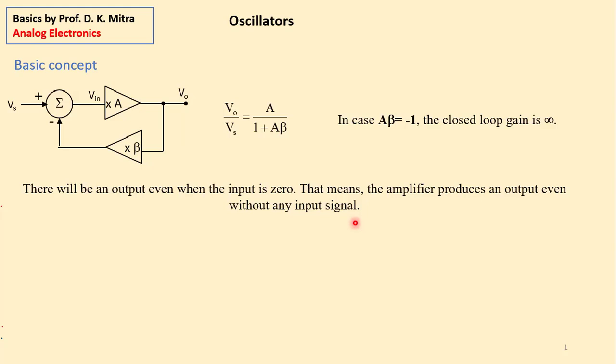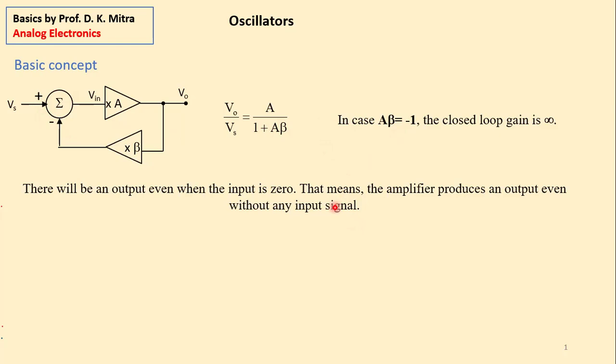So, a negative feedback circuit can become an oscillator if we can design A beta is -1. Or else, if it is a positive feedback circuit, and that means the feedback input is also additive, then A beta should be equal to 1. That's all. So, this is the theoretical approach of an oscillator.